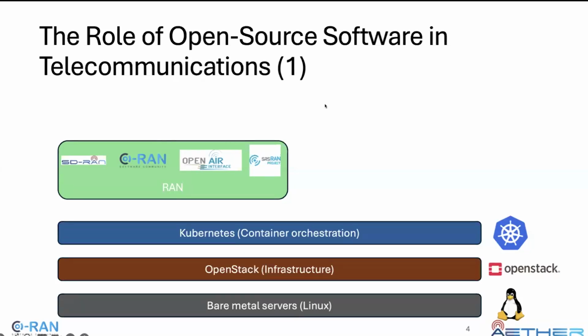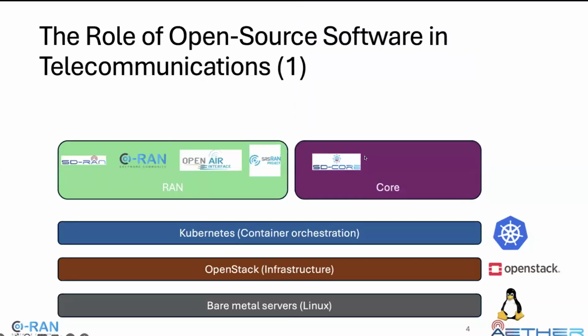We have also OpenAirInterface and srsRAN, which are open software for building 4G or 5G software radio suites. OpenAirInterface also has a core component, but I didn't list that as well. And of course, we also need the core component of the network. I listed here only SD-Core. There are many more 5G open source cores out there, but SD-Core is also part of the Aether project.